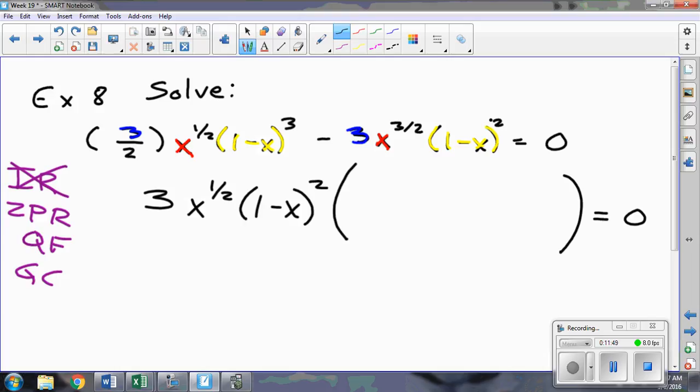If we take out the 3 in the blue, we leave behind the half. We took out x to the 1/2, and we took out 2 of those instead of all 3, which means if we took away 2 of them, 1 of them was left.